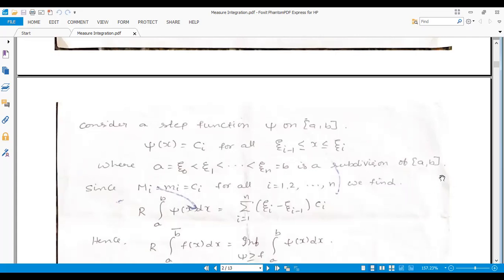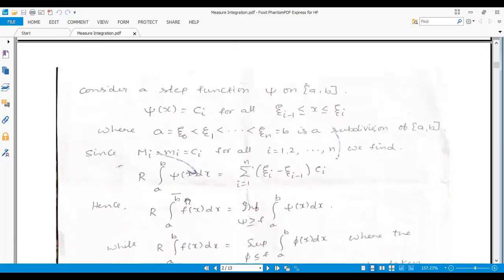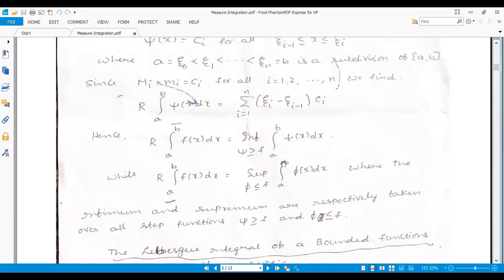Here capital M_i is equal to small m_i with respect to this step function c_i for all i running from 1 to n. Because the infimum and supremum values of this are the same, the Riemann integral from a to b of psi of x dx can be represented as the summation of i running from 1 to n of (x_i minus x_{i-1}) into c_i, because we can make it into a simple function.